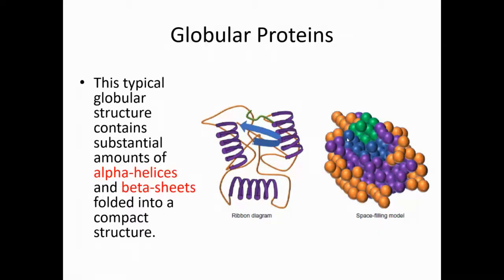Nearly all globular proteins contain a substantial number of alpha helices and beta sheets folded into a compact structure that is stabilized by polar and non-polar interactions. Globular proteins are usually very soluble in aqueous solution.